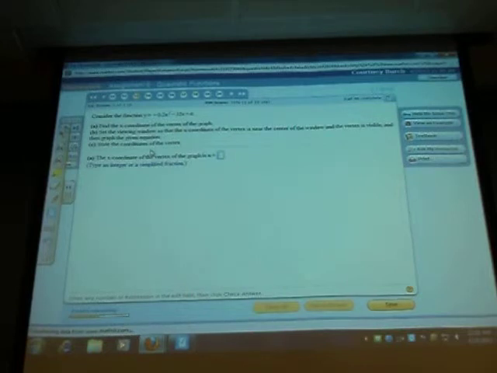You don't have to worry about changing anything there. Okay, what's yours? Negative 0.2x squared plus 28x plus 302.